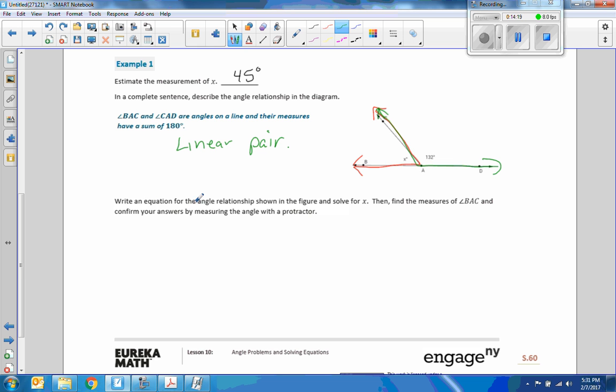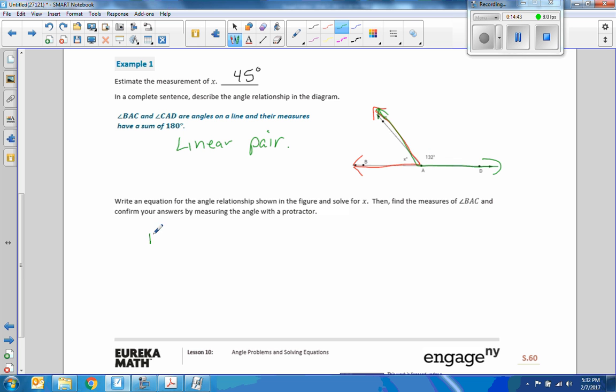All right, so now it says write an equation for the angle relationship shown in the figure and solve for x. So now we're going to start using algebra in the geometry to solve for missing things. That's why we take algebra before geometry. So we have to write an equation for the angle relationship shown. There's an x degree here, there's 132 here.